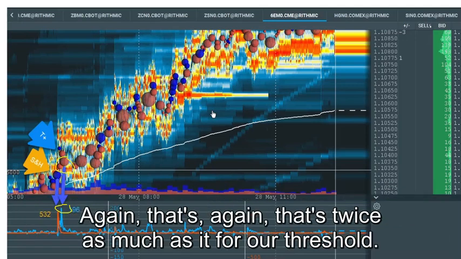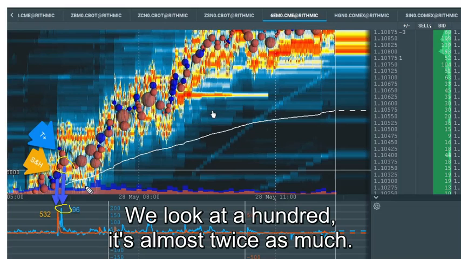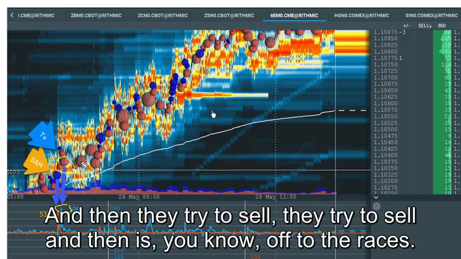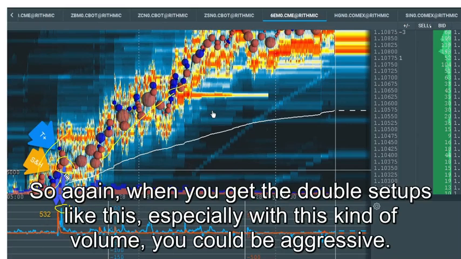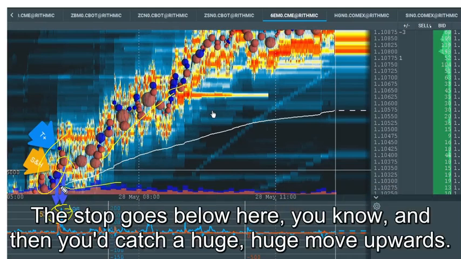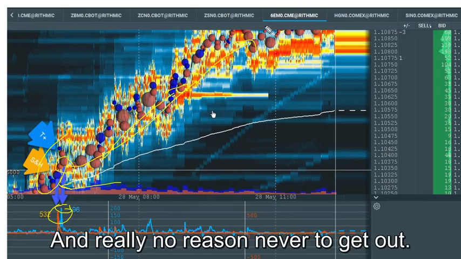For our threshold, we look at 100, so it's almost twice as much. And then they try to sell, and it's off to the races. So again, when you get the double setups like this, especially with this kind of volume, you could be aggressive. The stop goes below here, and then you catch a huge move upwards, right? And really no reason to get out.